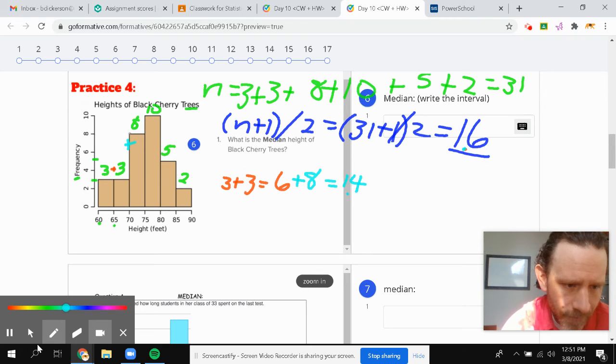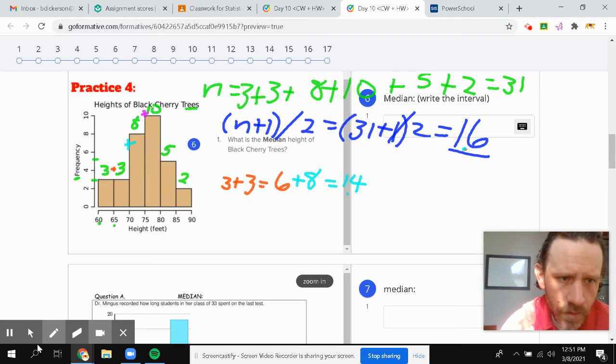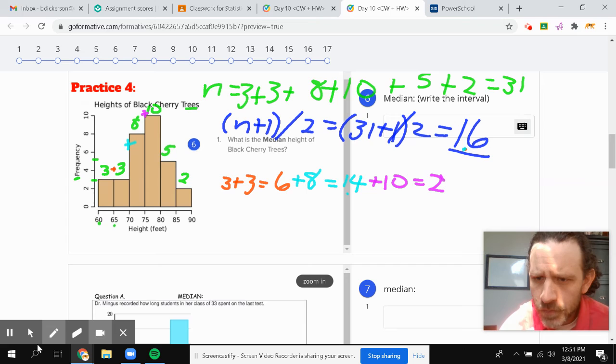All right, next group here, we'll add in the next group, which has a frequency of 10. So we'll add the 10. All right, and that gets us to 24. 24 finally passes 16. So where did that happen? It happened when we added the 10.